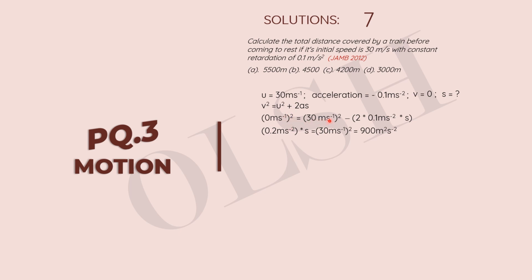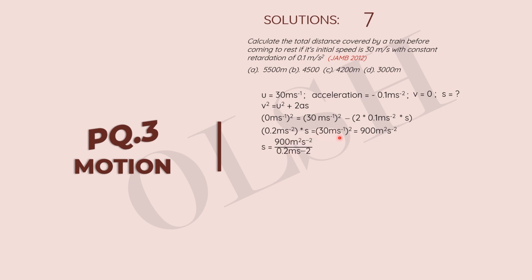We have 30 meters per second and it's squared. Here we have 2 times 0.1 meters per second squared times s, so that gives us 0.2 meters per second squared. But here, this square affects both the units. Don't forget, it always affects the units. So we have 900 for 30 squared, but then we also have meters squared and per second squared. Okay, so moving on.